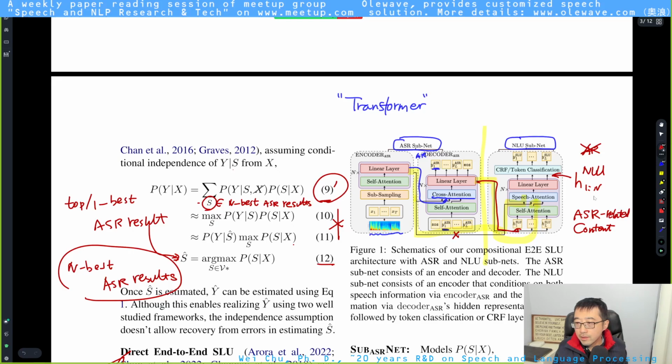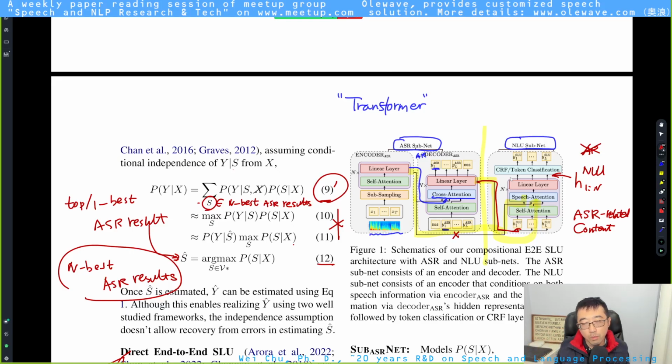What do I mean by this? Only the NLU would be interested in the words or the textual information coming from the ASR. But having an input from the speech side or the encoder side means more information could be retained or used.